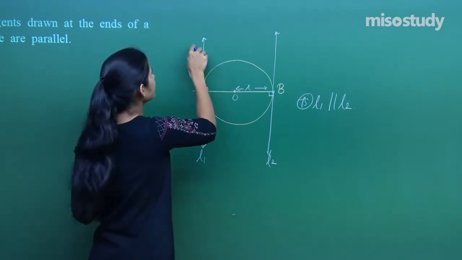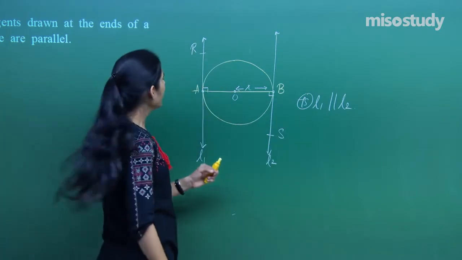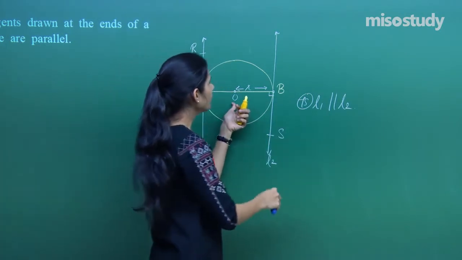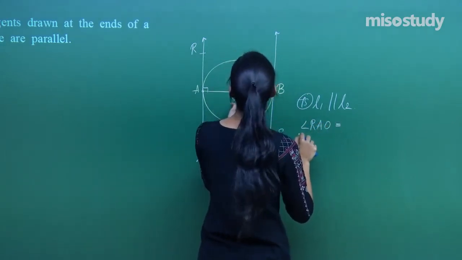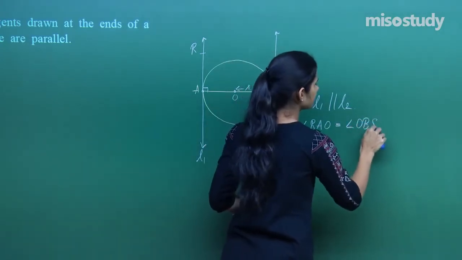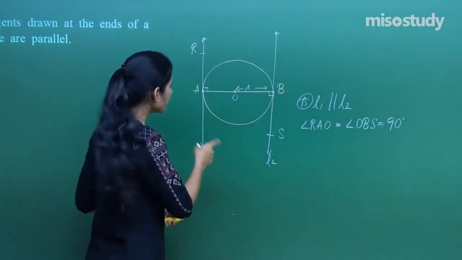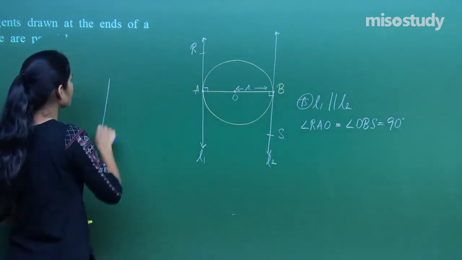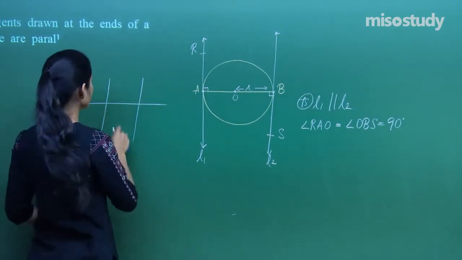So if I take here some point R and some point S just for convenience, I have angle RAO is equal to angle OBS, which is 90 degrees, isn't it? Because the situation is like this, there are 2 lines and this is like a transversal.